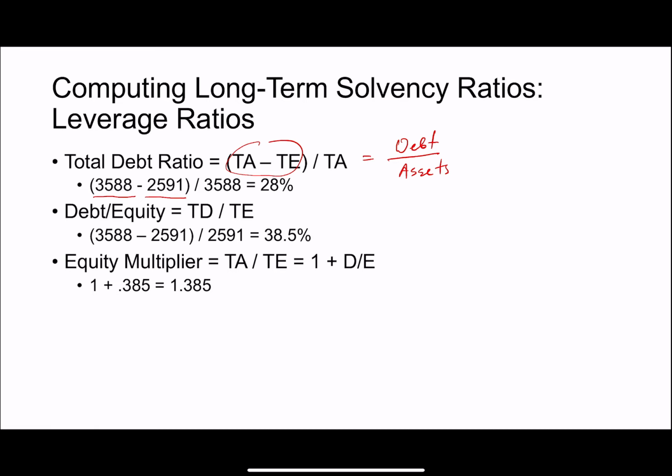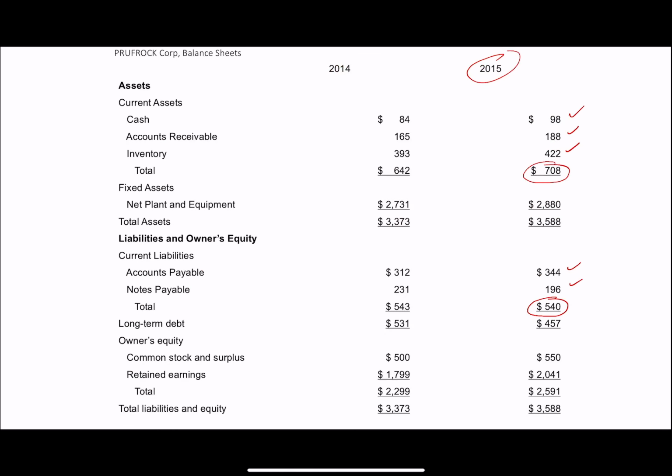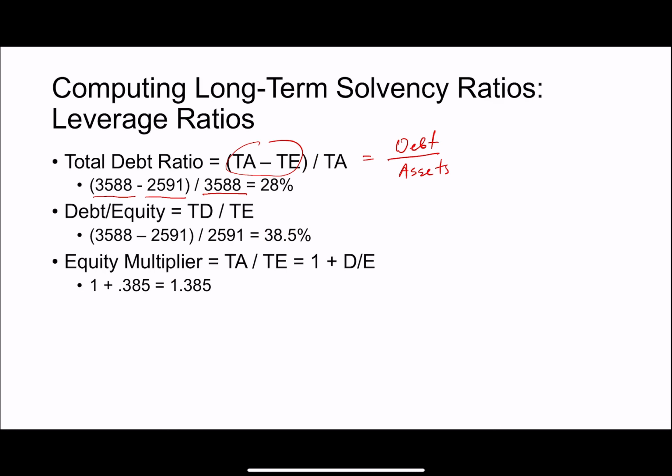So let me just go back. These are the numbers. You have your total assets, you subtract your total equity right here, and then, of course, you divide by total assets. So the total debt ratio is equal to 28%.